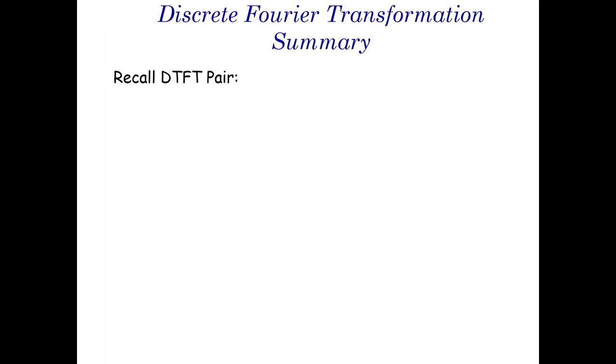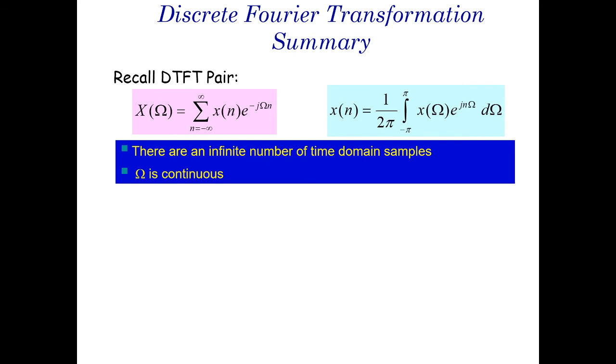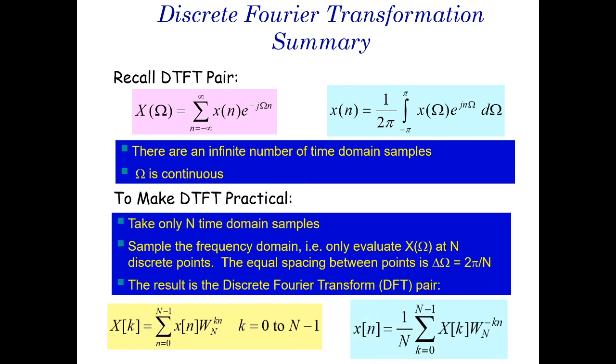So in shortly recapping what we did, we had the DTFT pair, and we saw that there was an infinite number of time domain samples and the frequency domain was still continuous. In order to make the DTFT practical and move it to the DFT, we had to truncate the number of samples that we were taking, and we sampled the frequency domain in order to perform the DFT.